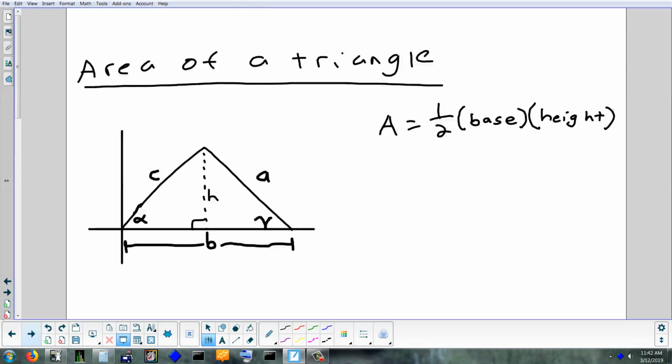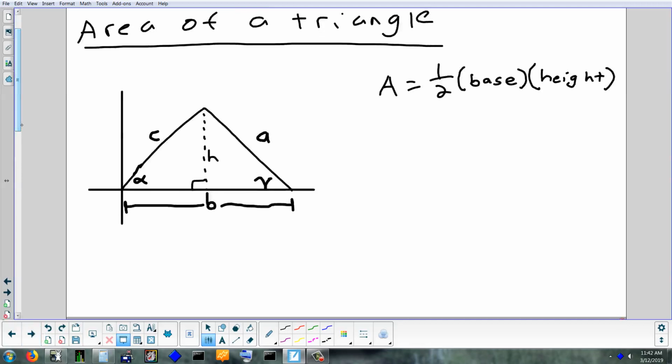So, last thing I said we're going to look at is area of a triangle. So, the basic formula, if you don't remember from geometry, is just 1/2 base times height. We're going to use that right here. So that formula works fine as long as you know the height.